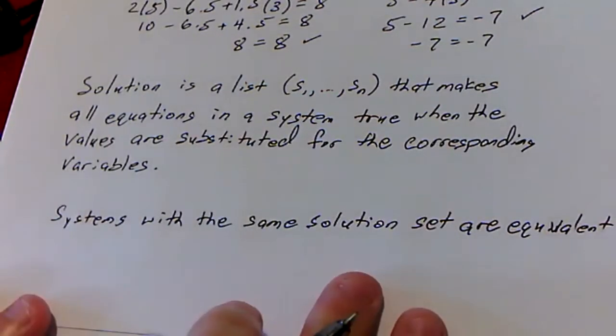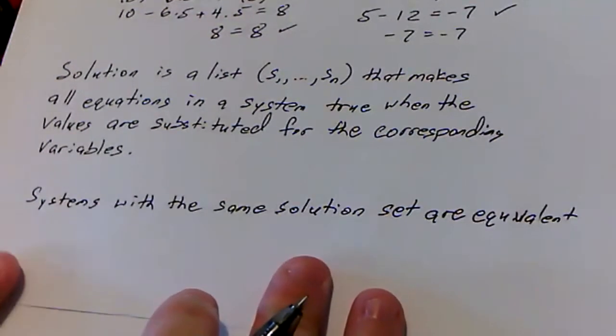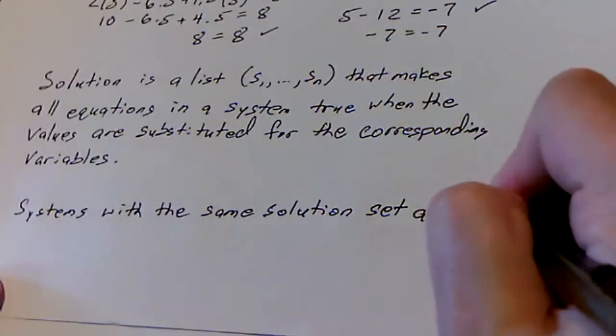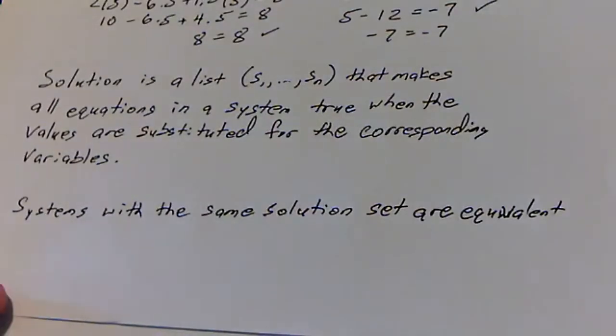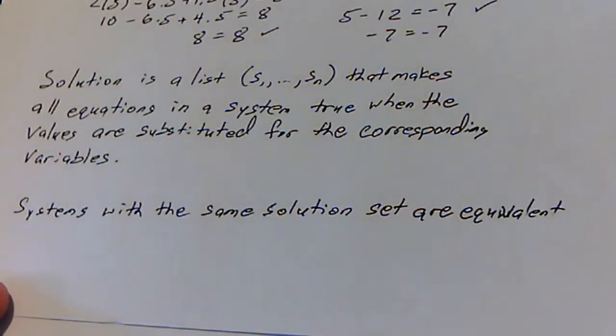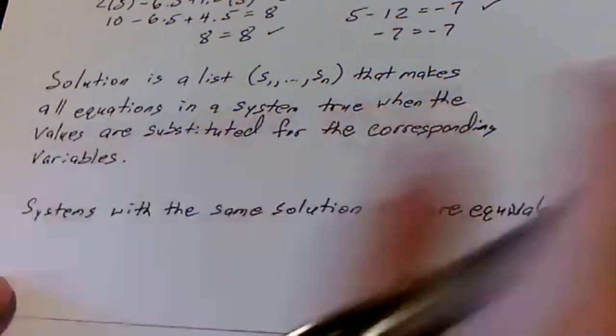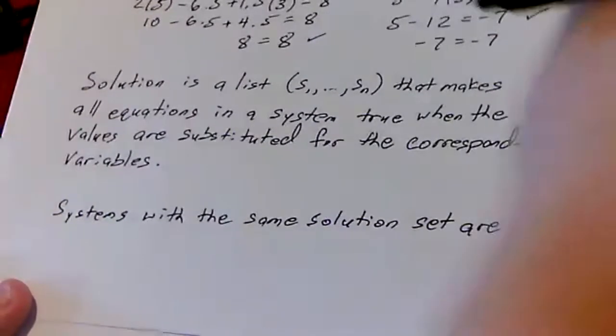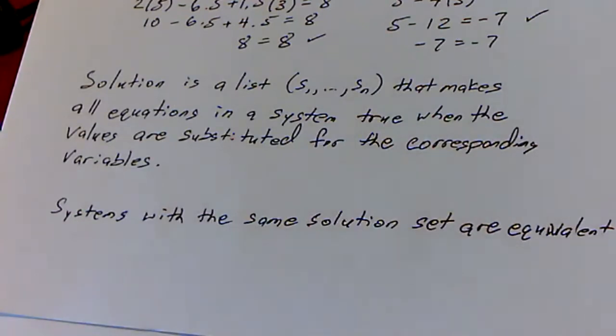So systems with the same solution set are equivalent. Or if you prefer, equivalent systems have the same solution set, right? So you could read it in either order there.